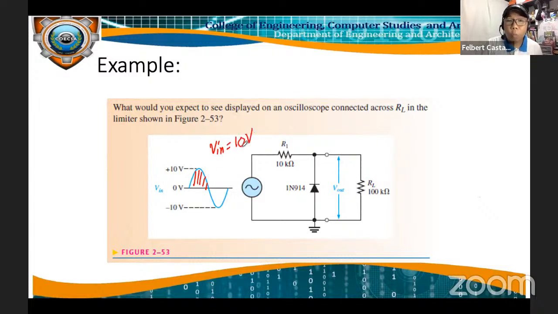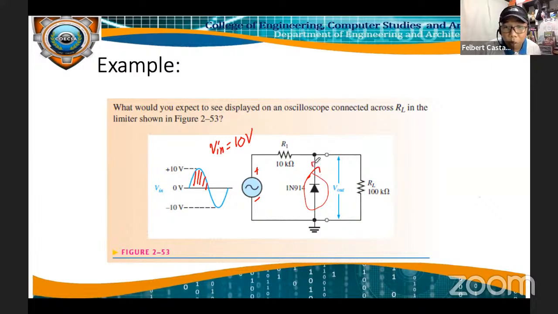Tingnan mo yung orientation ng pagkaka-connect ni diode. Kapag positive, cathode ito, so unlike yung polarities nila. Positive polarity connected to the cathode, this diode is open, naka-reverse bias.